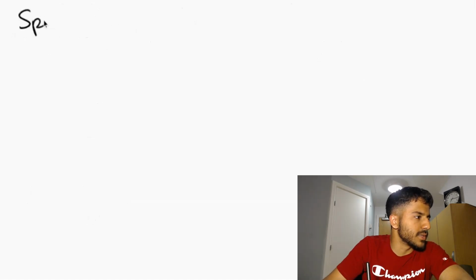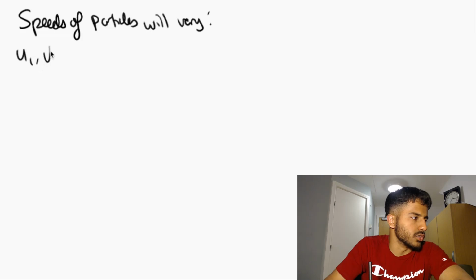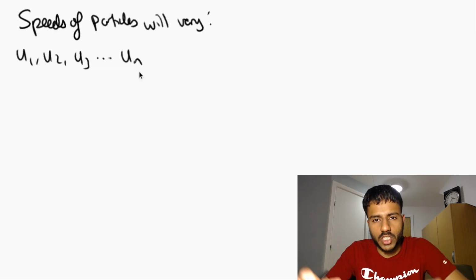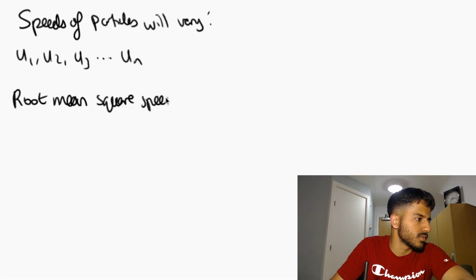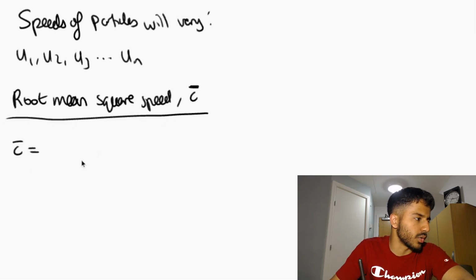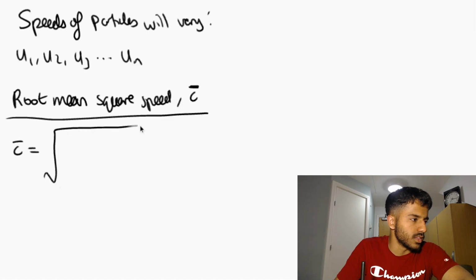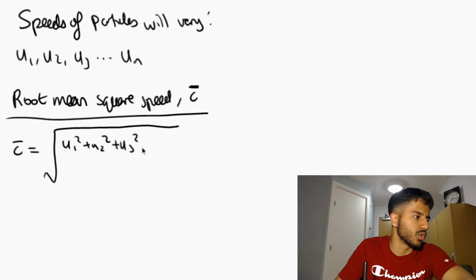Now in reality, the speeds of our particles will vary. So you're going to have a range of speeds from u1, u2, u3, until uN. We need to find a way of averaging out all these speeds. The way we do this is by using a root mean square speed, denoted by c with a little hat on top. c is equal to the square root of the sum of all the squares of the speeds, u1 squared plus u2 squared plus u3 squared all the way until uN squared, divided by the number of particles.